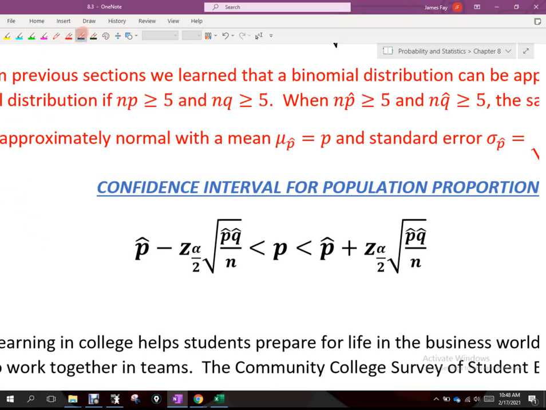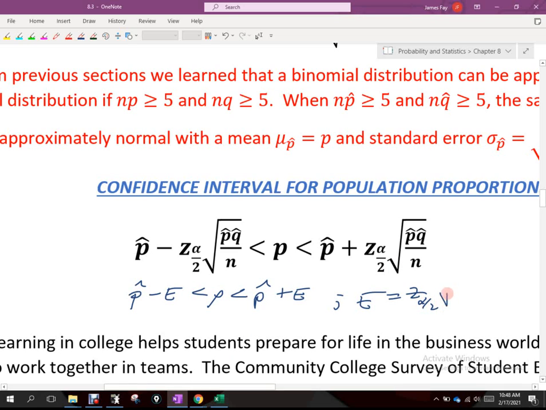Some textbooks, just like what we did with mu, will say P hat minus E less than P less than P hat plus E, where E is defined as Z sub alpha over 2 times the square root of P hat Q hat over N. Now here's the thing, and we saw this in question 15 on the quiz last week.